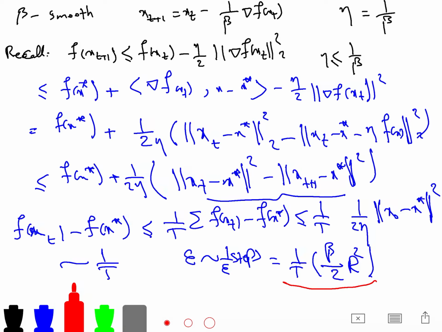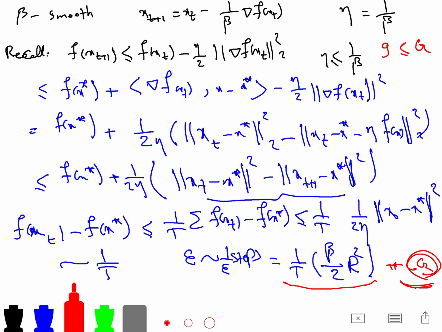Remember that for the non-smooth case, we had the bound depending on G, plus something else depending on G. So for the non-smooth case, we had an extra term G that always exists there, and we cannot help it anymore.